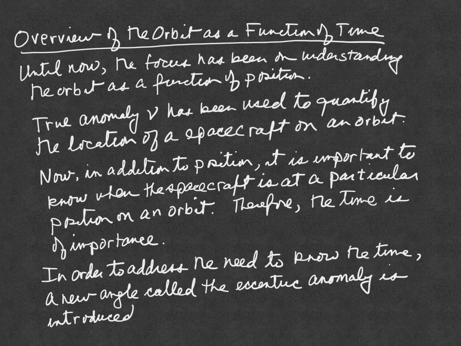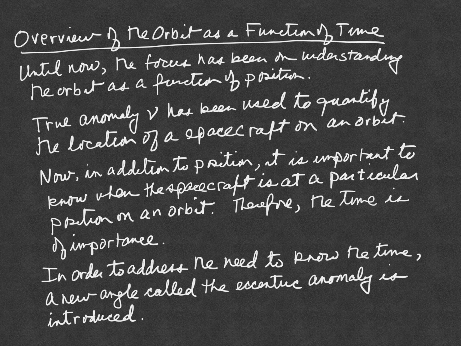Now, the eccentric anomaly provides two pieces of information. One is it provides a relationship with the true anomaly, and the second is that it provides a relationship with time.